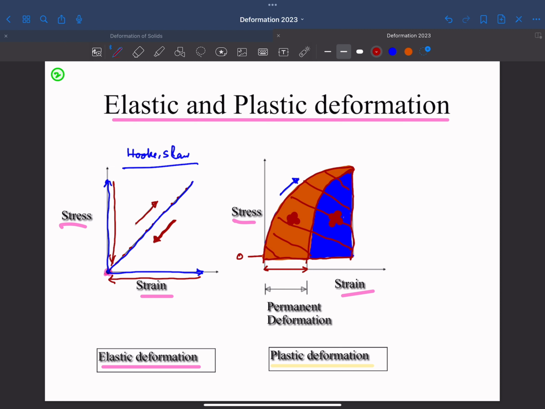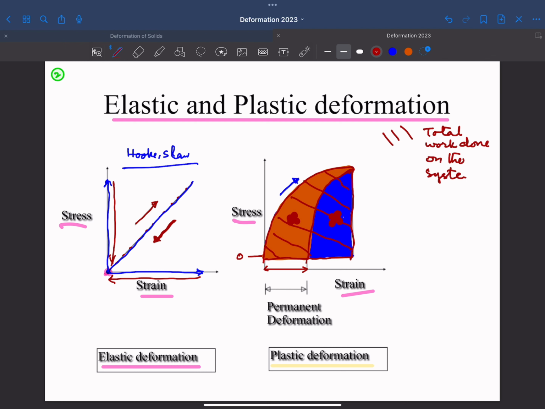So be careful. This is total work done on the system. Yani if you have a spring or a string or whatever the body is, I have shown with these lines the total work done.